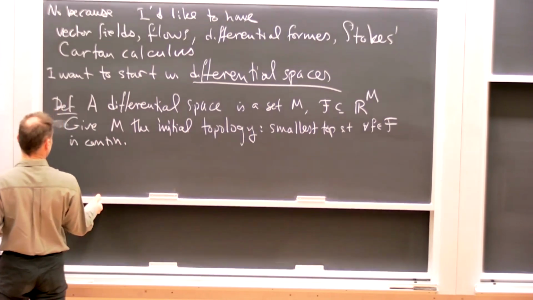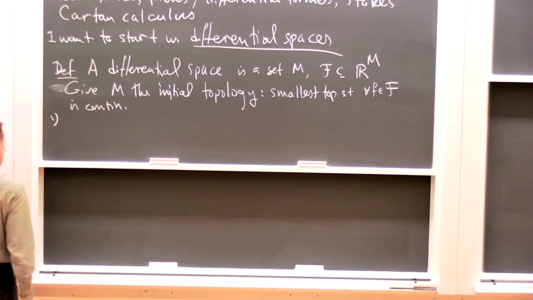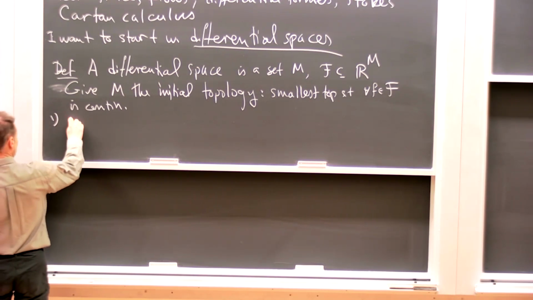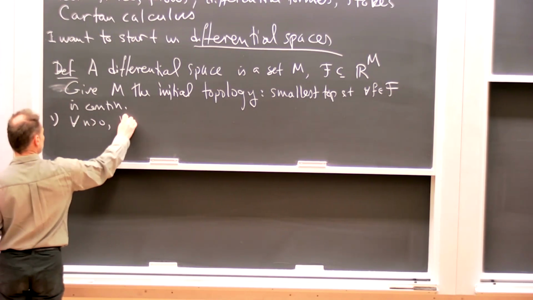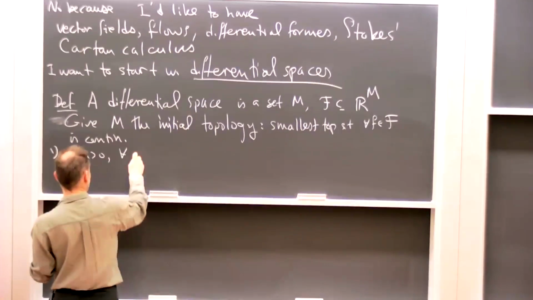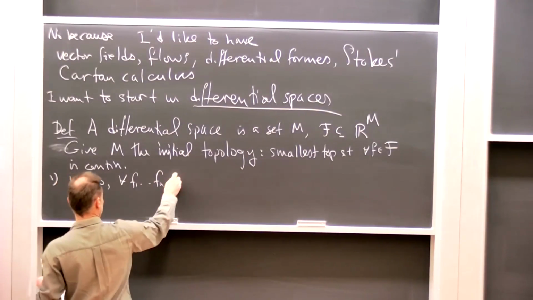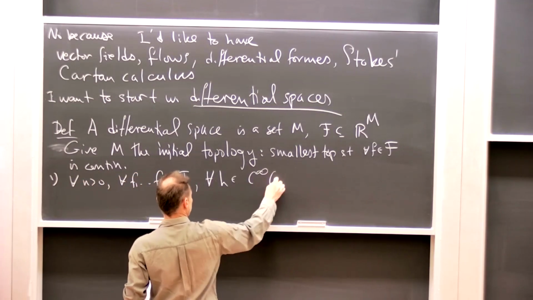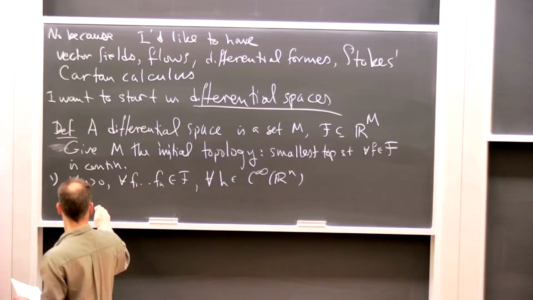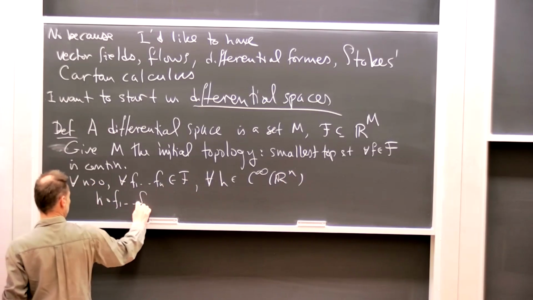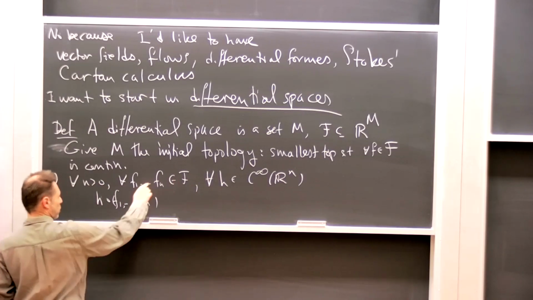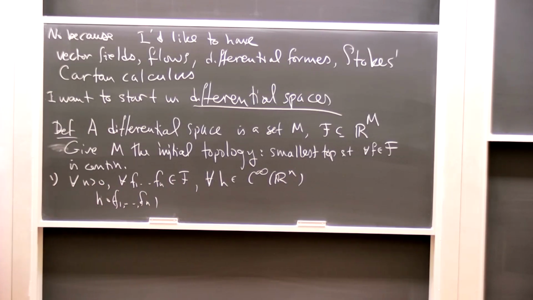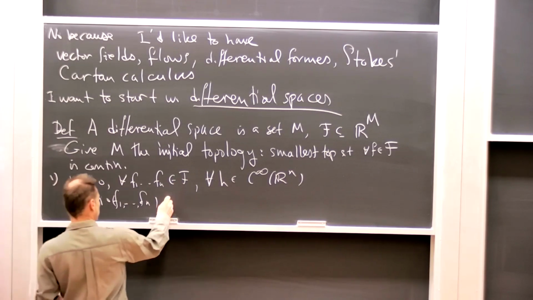And then there are two strange conditions that you impose. First, for any n bigger than 0, for any collection of n functions in script F, and for any smooth function H in C-infinity of R^n, you can compose H with this tuple. If I take n functions on a set, they take values in R^n, so I can think of it as an R^n-valued function. I compose it with H, and I want it to be back in script F.